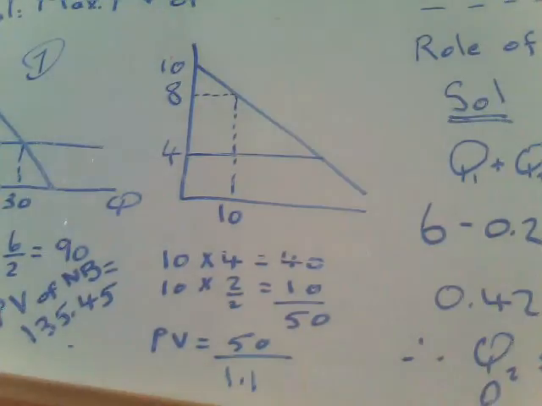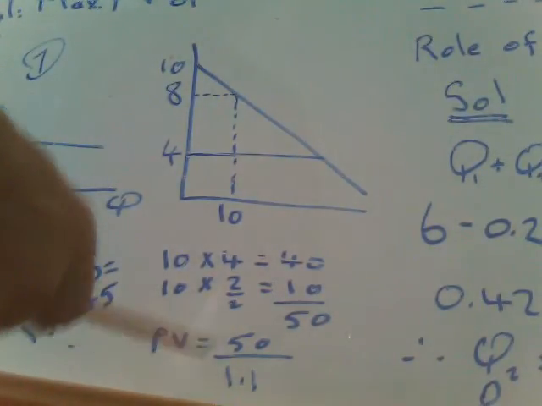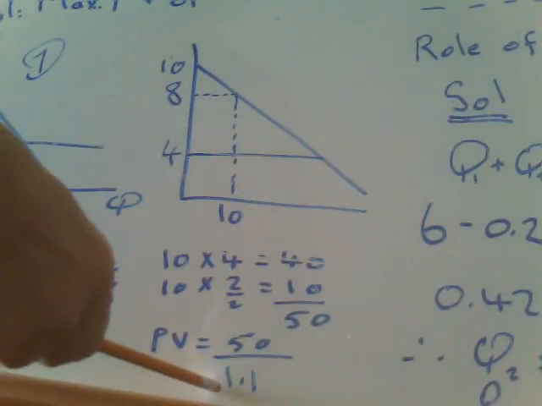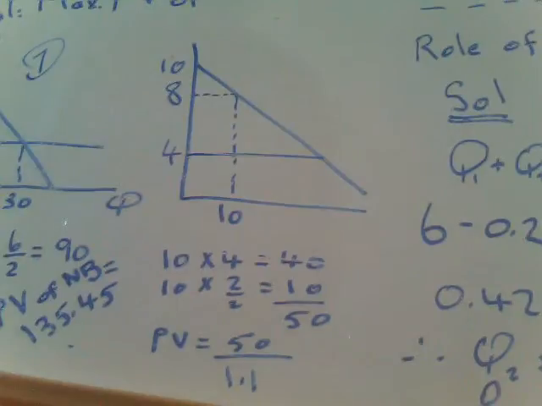If it's more than one period, you raise it to the power n. So the present value, therefore, is nothing else but the future value divided by 1 plus i for only one period. And right now we're dealing with only one period. So the present value is going to be 50 over 1.1, if we assume that the interest rate is 10%.